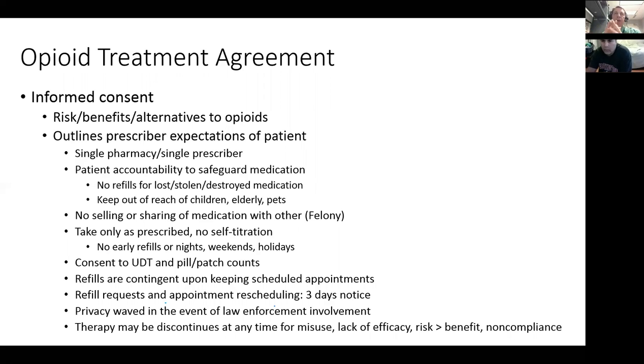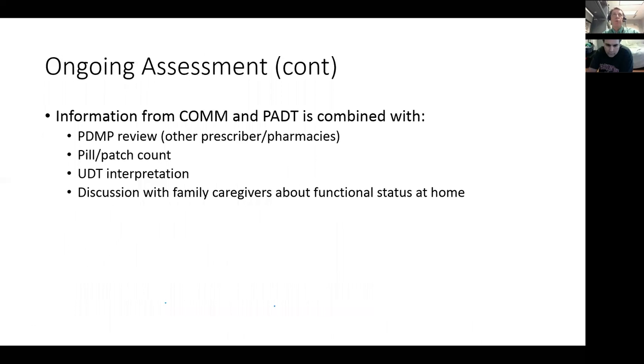We've simplified ours so that it's a one-page document at a sixth grade reading level, designed to be taken out each and every time we meet with patients if we think something bad may be happening with their opioid use, to refresh their memory about the things we want them to do in using their opioids appropriately.